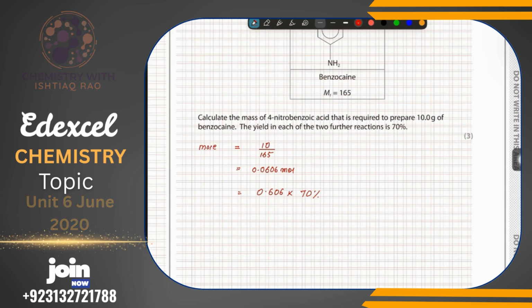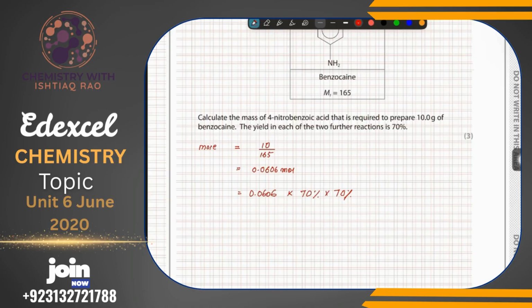And then again you have to do it for each of the two further reactions, so we have to multiply by 0.7 twice. 0.0606 divided by 0.7, then divided by 0.7 again, gives 0.12367555102.